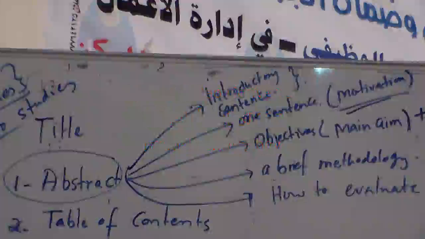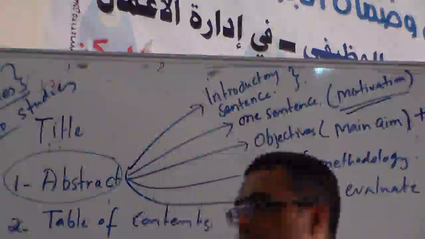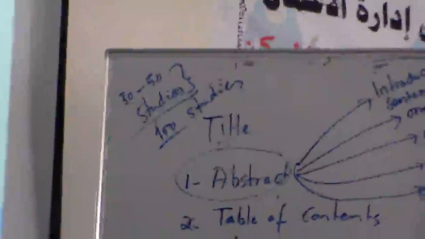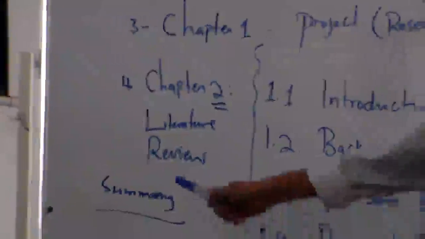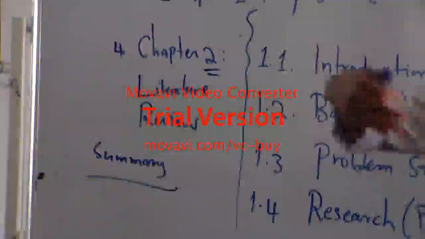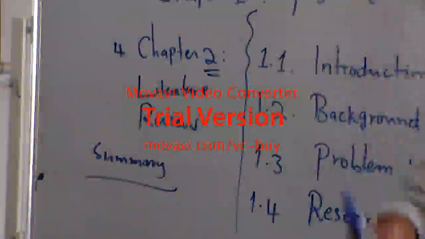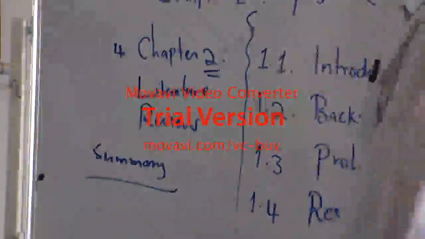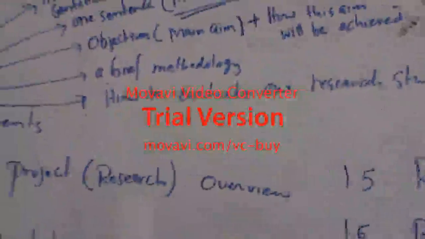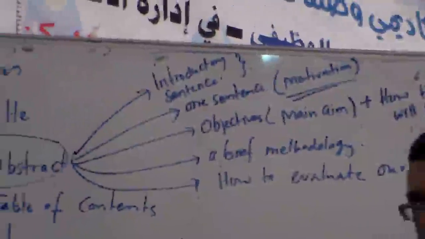Summary means what you have done in this chapter. Okay? We reviewed this and this and this, and we conclude this and this. This is the summary. But the abstract is different. I'll show you now what the elements of the abstract are. Okay?